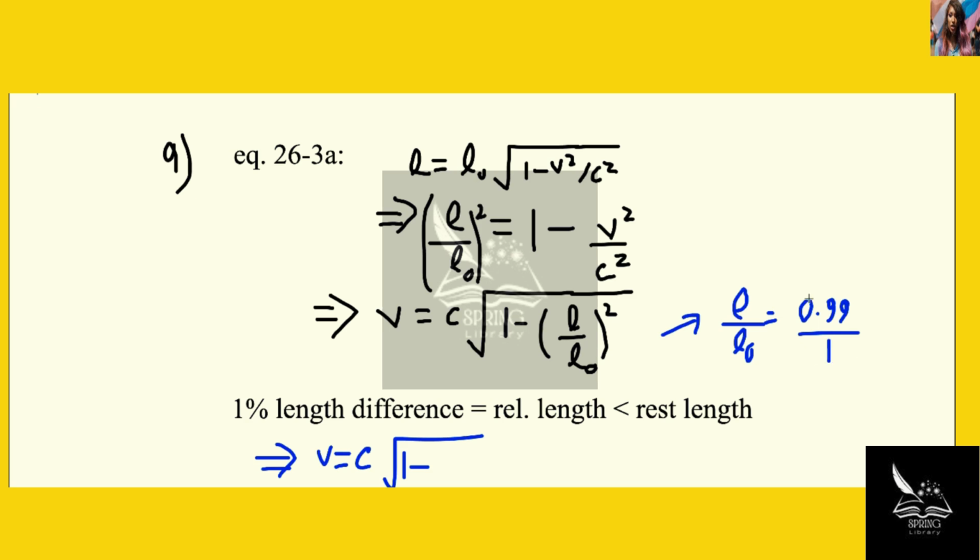So this is 100%, this is 99%, so that's a 1% difference, right? So (L over L naught) squared is just 0.99 squared. And that gives you 0.141 times the speed of light.